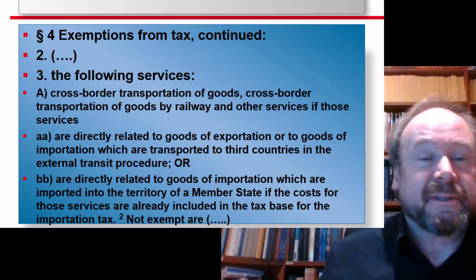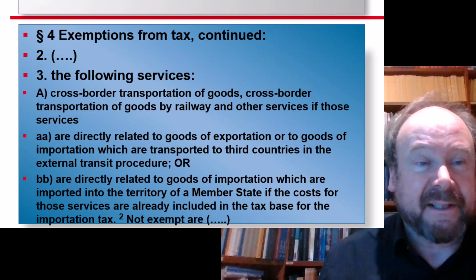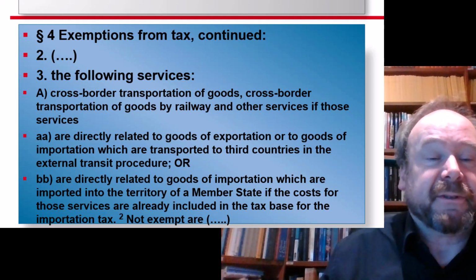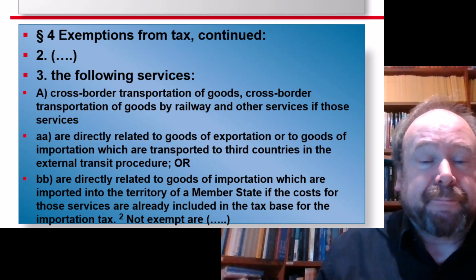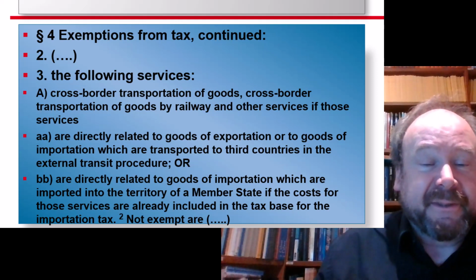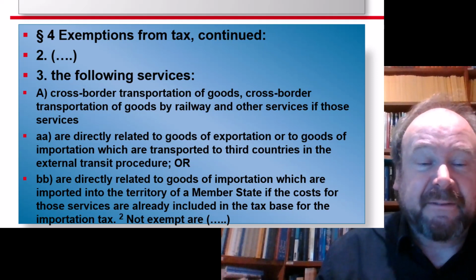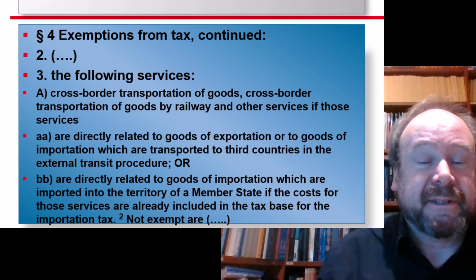So these are also a kind of just passing through, so they are not meant for the inland, so comparable to exported goods. Or which are directly related to goods of importation which are imported into the territory of a member state if the costs for those services have been already included in the tax base for the importation tax.